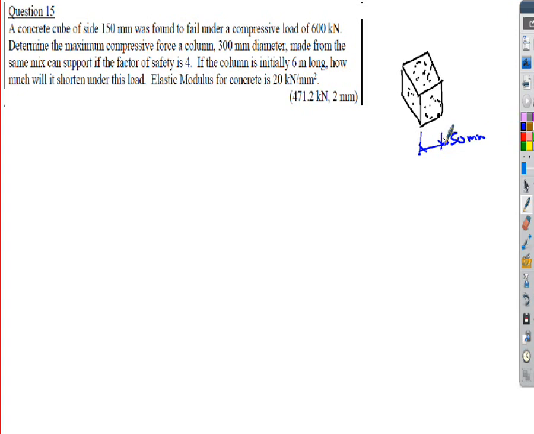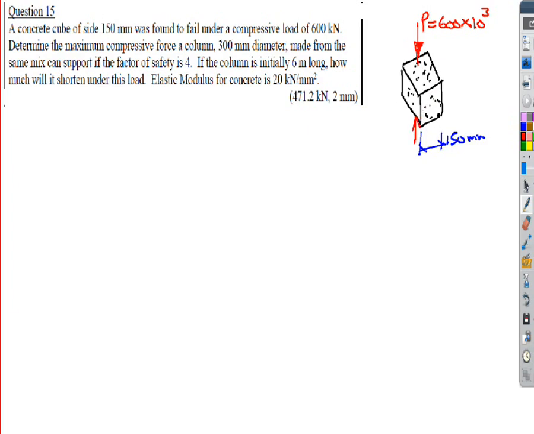So that's my concrete cube, and it failed under a load of 600 kilonewtons. So basically what they're saying is they're applying a load P of 600 times 10 to the 3 to this object, this cube, and it failed under that load.